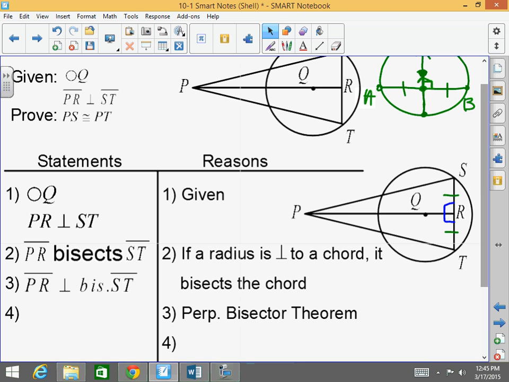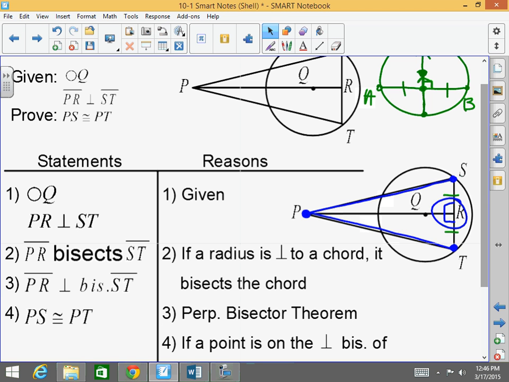I skipped there as well. Why is it the perpendicular bisector theorem? Well, we know that if you have two points that are equidistant from the endpoints of the same segment, it's going to be the perpendicular bisector. Okay? And then I can prove that PS is congruent to PT. Why?